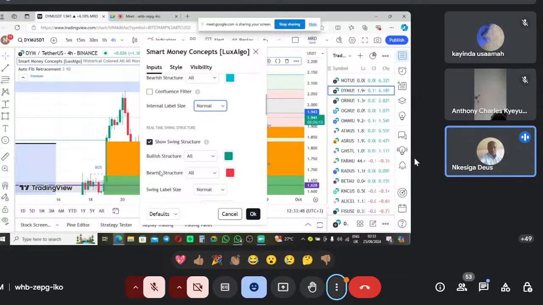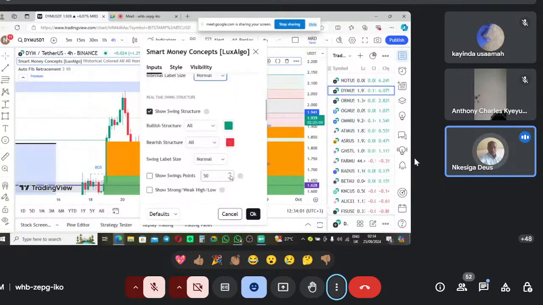Then here on bearish structure, I used red. Whenever I see red, it is representing bearish. The market will be dropping down. You get the point. So we go to where we see the swing label size.